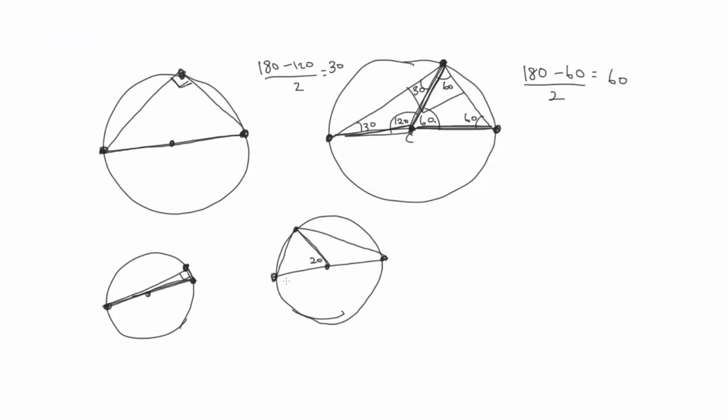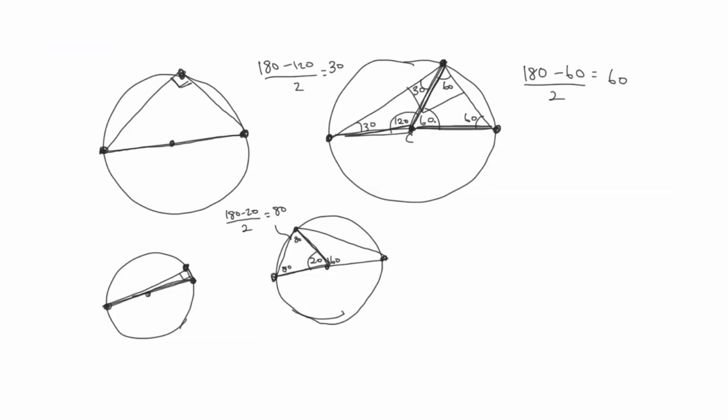Again, this is a radius, this is a radius, so this is an isosceles triangle, and these two angles will be 180 minus 20 divided by 2, which is 80. So this is 80 degrees, and this is 80 degrees as well. If this is 20 degrees, then this is 160 degrees.